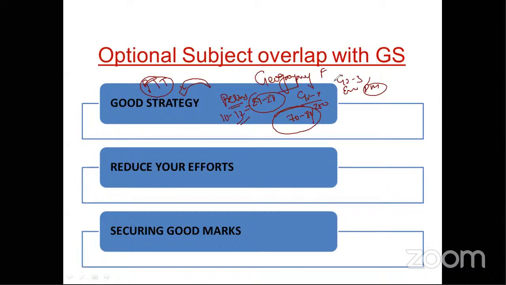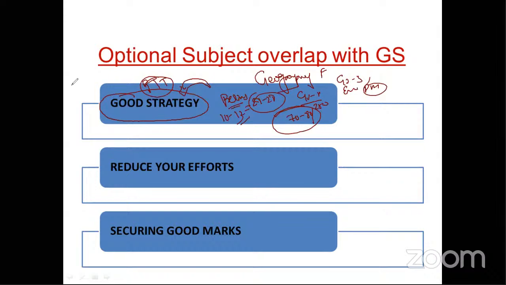You know the strategy, how to relocate people, what is the good time, that cyclones will form, and that it will be in coastal areas. If you know these geophysical phenomena very well, then obviously management will be easier. So in GS paper 3 also it will be helpful. So overlapping with GS will obviously be considered a good strategy. This is about the marks. You can easily score good marks in the GS papers.